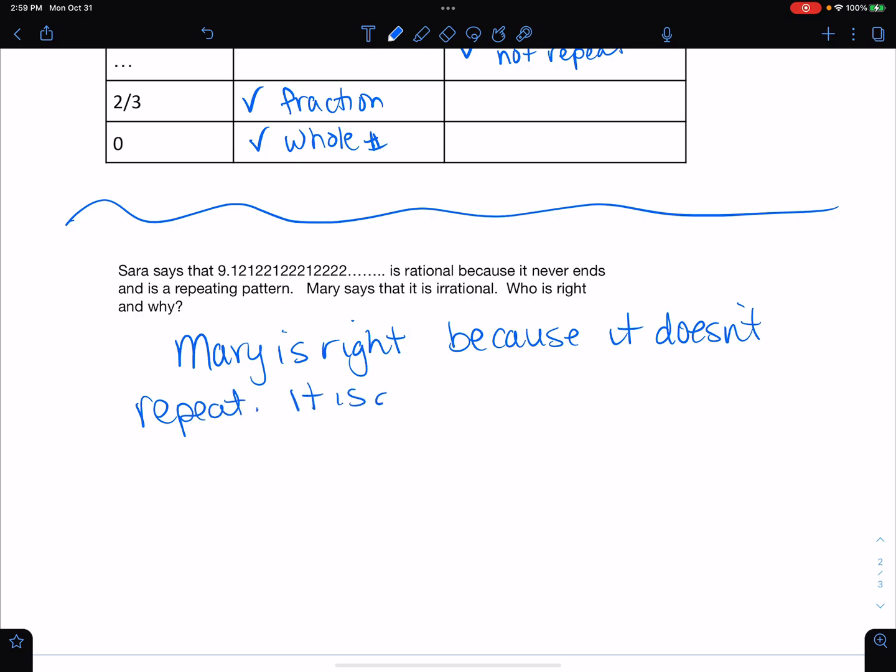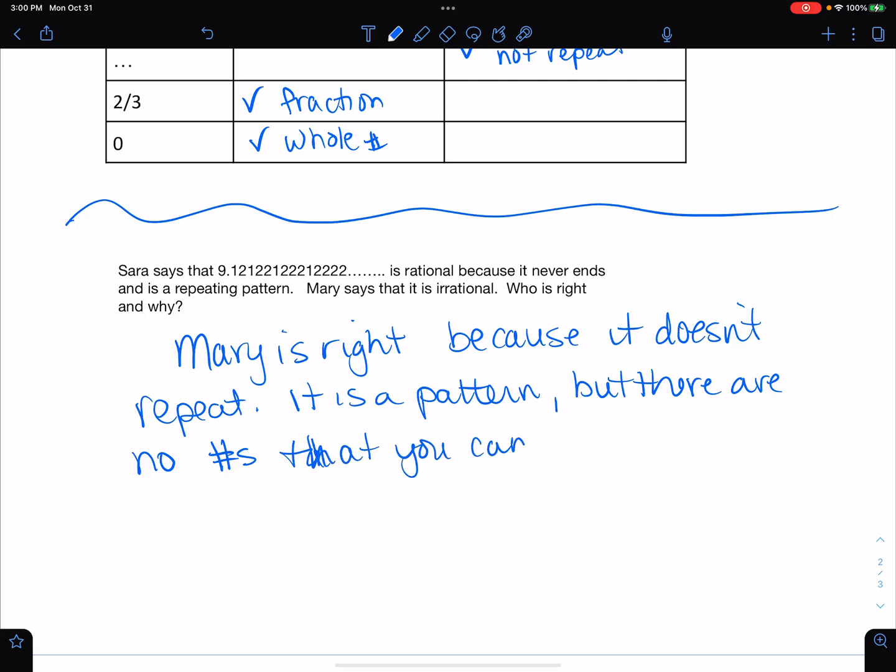It is a pattern, but there are no numbers that you can put a line over to indicate repeat.